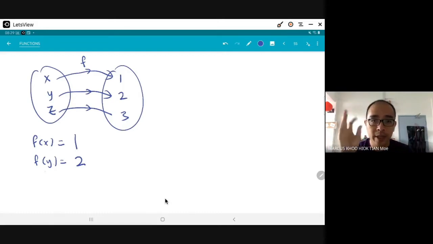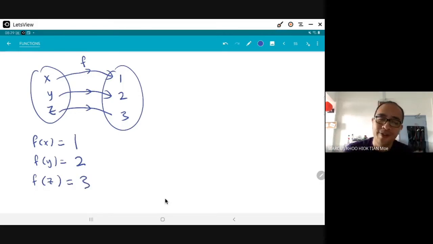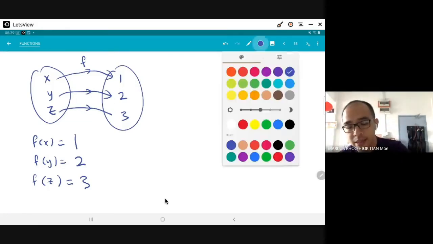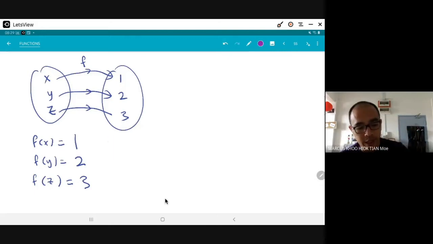Thirdly, fz is 3. Sebab dia punya objek adalah z dan dia match lah to the number 3, because of the anak panah. Dan the terbalik of this is if I change the other direction all the way.